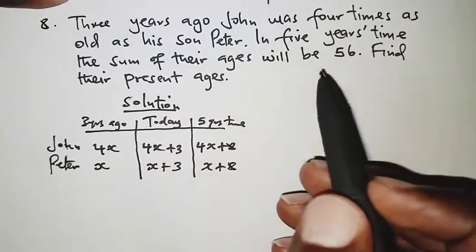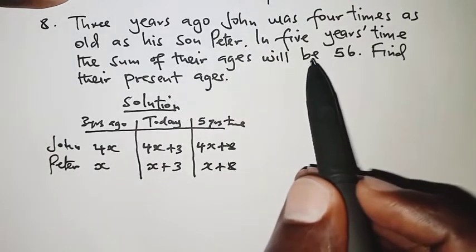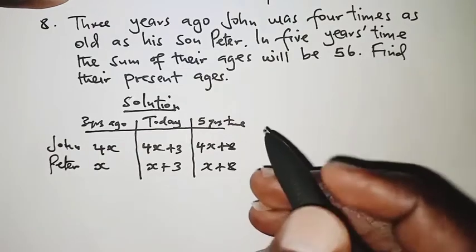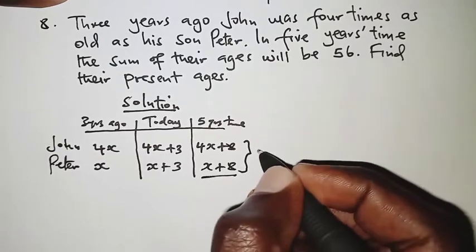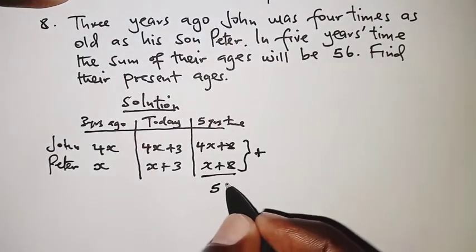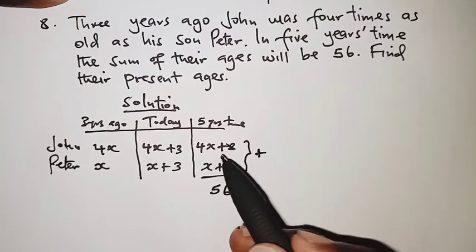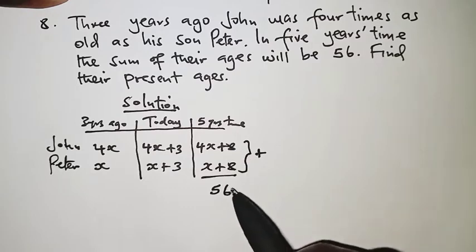And we are told that in 5 years' time, the sum of their ages will be 56. So at this particular point, if you add their ages, it should give us 56. So we are going to form an equation from this point.